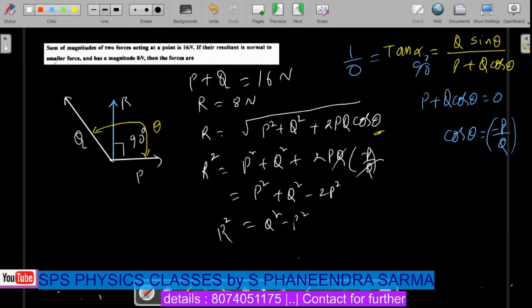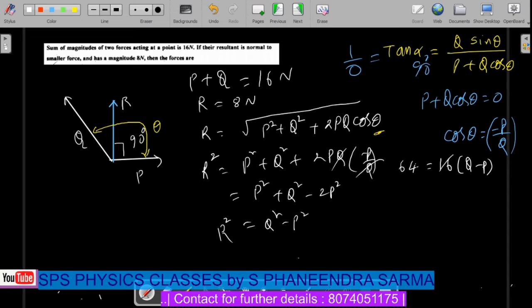Here we have the relation: the resultant r is equal to 8. Therefore we can write 64 is equal to (a plus b) into (a minus b), that is (q plus p) into (q minus p). So q plus p is given as 16, into q minus p.